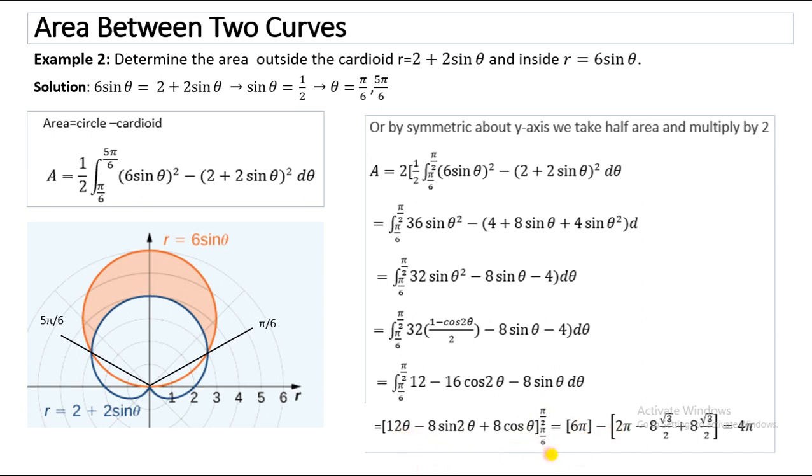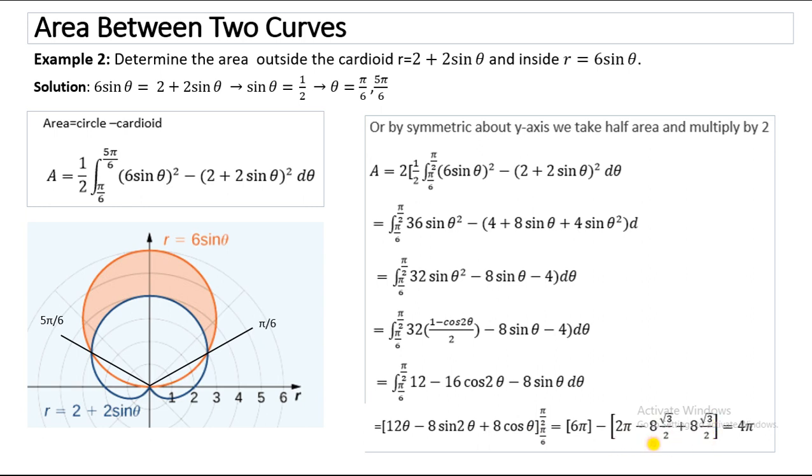12 multiplied by pi over 6, which is 2 pi. Then 8 sine of 2 times pi over 6, which is pi over 3, sine pi over 3 is square root of 3 over 2, so minus 8 square root of 3 over 2. Then cosine pi over 6 gives plus 8 multiplied by square root of 3 over 2.